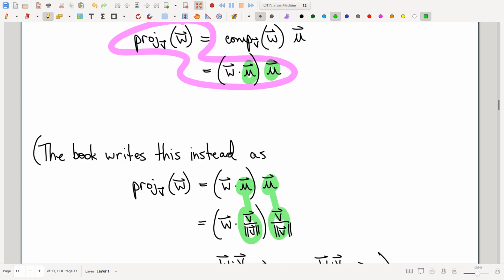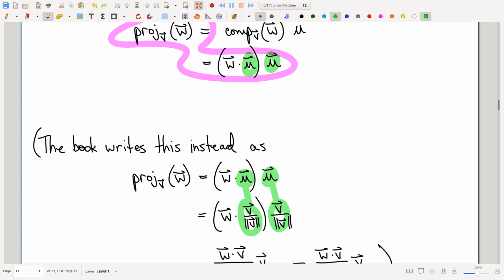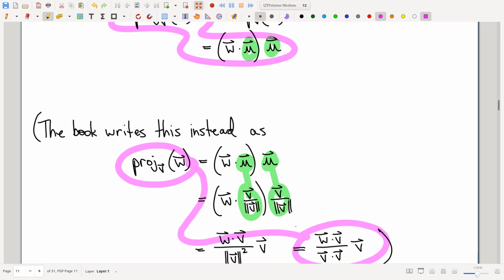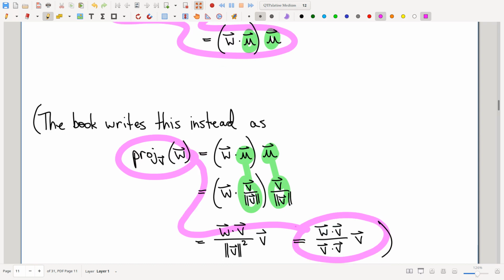There's our old handy formula we just talked about on the previous page. What happens if I multiply this all out? Well, notice, it turns into this. So which formula do we like better? Do we like this one or that one? I'm going to give you some pros and cons to think about.